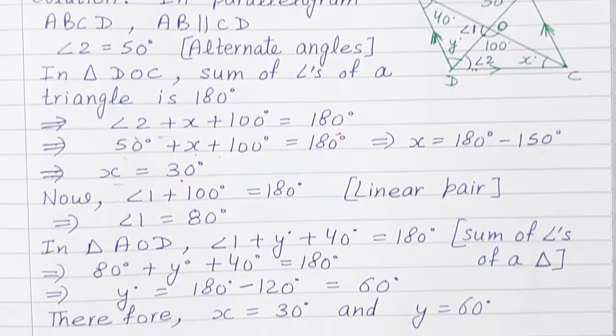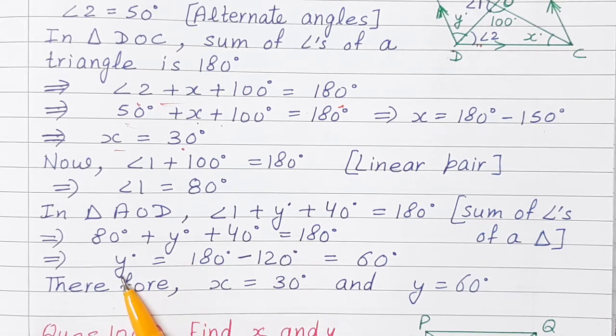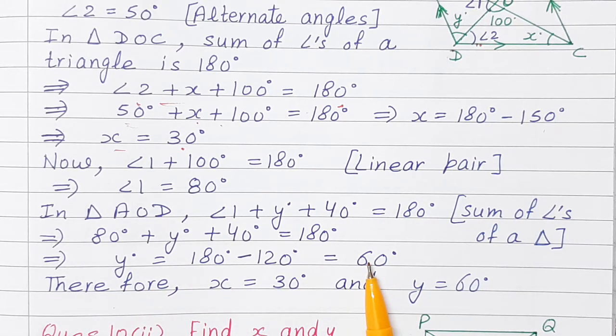So here after solving this, the answer is Y is equal to 60 degrees. So therefore X is 30 degrees and Y is 60 degrees. I hope you all have understood this now. Children, go through the calculation once more and then I hope you'll understand in a better way, right?